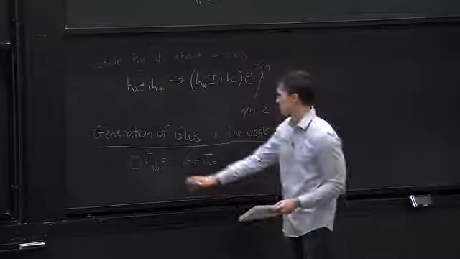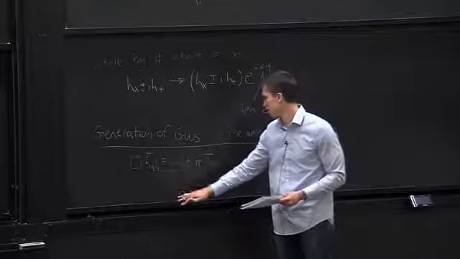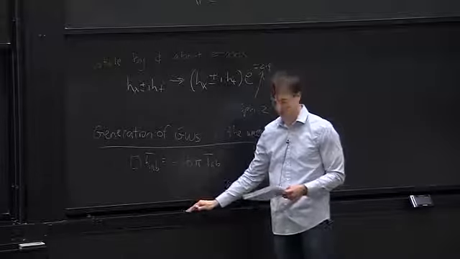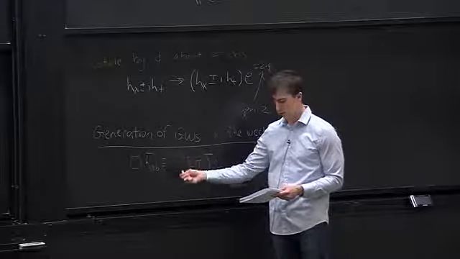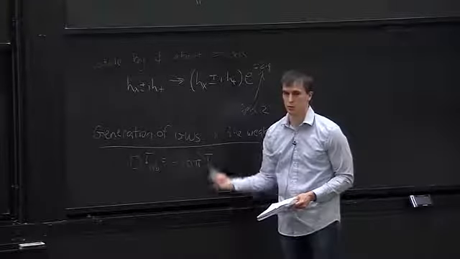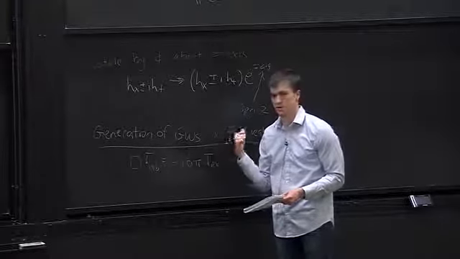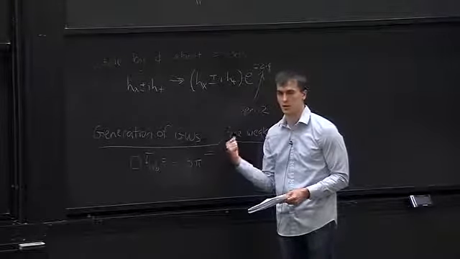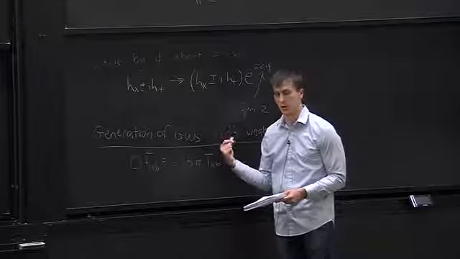So this is just, again, a wave equation for each of these components of the trace reverse metric perturbation. So we know one way to solve the wave equation using the approach of a Green's function.